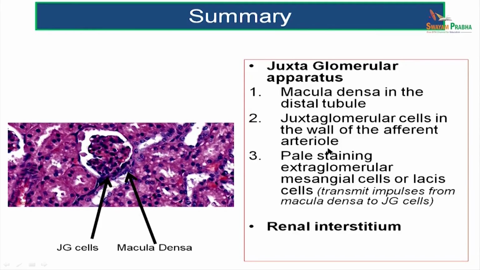And we have seen the role of the juxtaglomerular apparatus in control of blood pressure. In the cortex and medulla, you see the renal interstitium, which is nothing but connective tissue, which is less in the cortex as compared to the medulla. So, this summarizes the histological details of the kidney in a histological section.